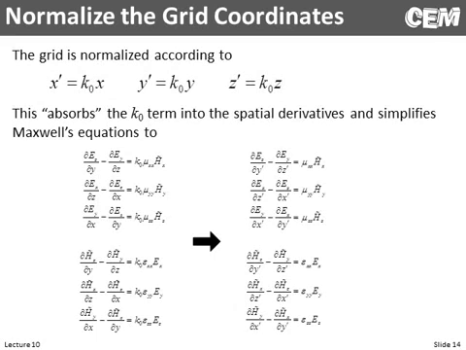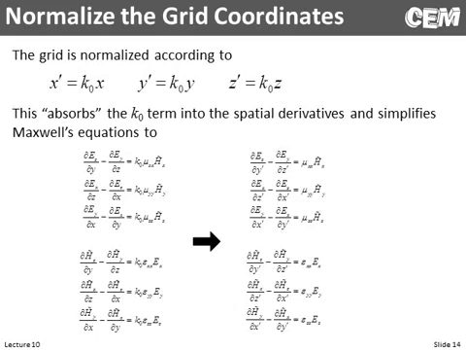So the first thing we'll do is normalize the grid coordinates, and we're multiplying by k0. As we mentioned before, this is essentially dividing the physical dimensions by wavelength. So our dimensions end up unitless and on the order of 1 instead of 10 to the minus 6 for microns, or something really small or really large.